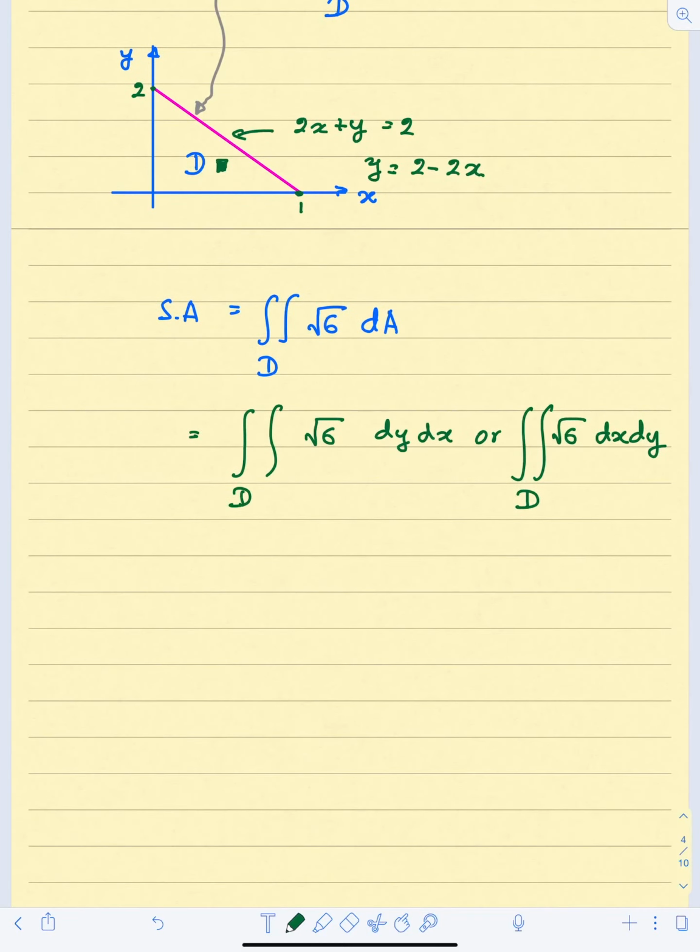In this one I am going to consider the first double integral, but if you want, you could even consider the second. The only difference is the order of integration. Here my order of integration is dy dx, but in the second option it is dx dy.